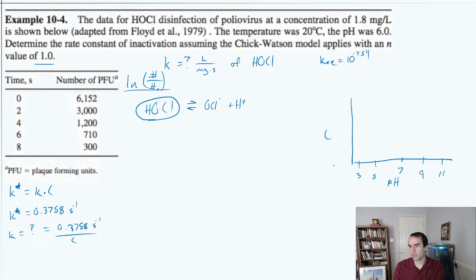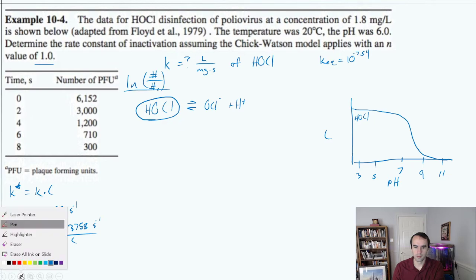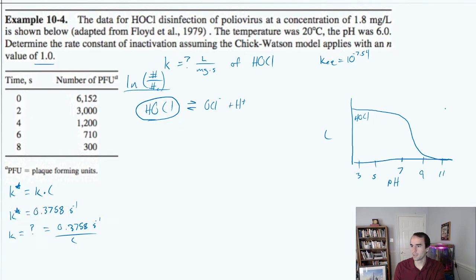Of course, this goes down to 0 and all that. But what I'm showing here is if we take a look at the fraction that is HOCl, it's going to look something like this. And the fraction that is OCl minus is going to look something like this.